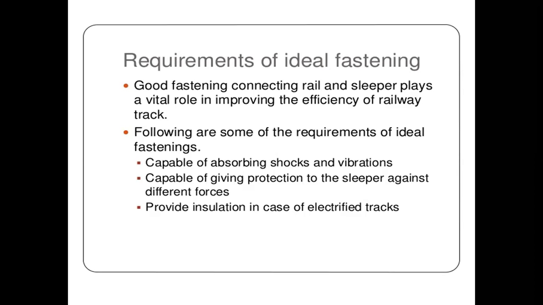So the shocks and vibrations absorbed by the rails have to be effectively safeguarded by the fastenings provided to the rail and sleeper. These fastenings play a vital role and have to be efficient in improving the railway track.